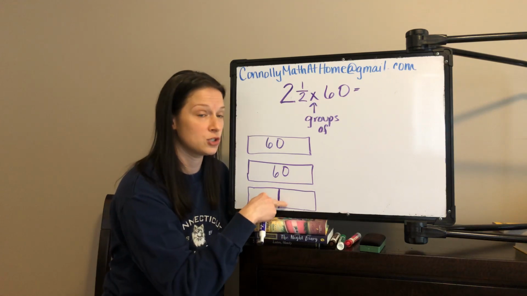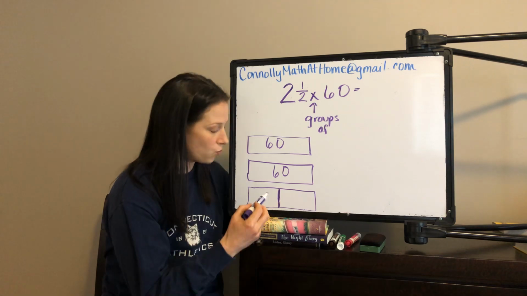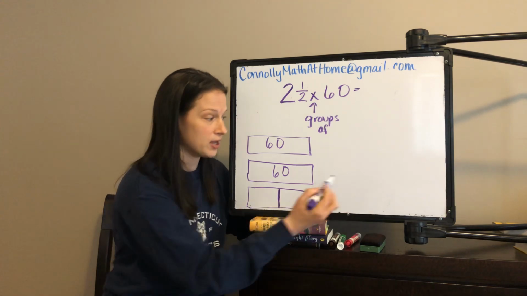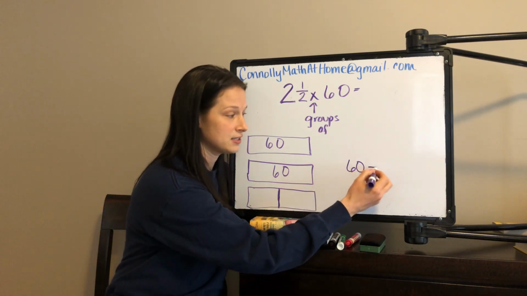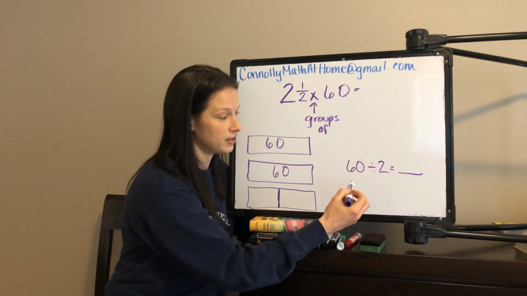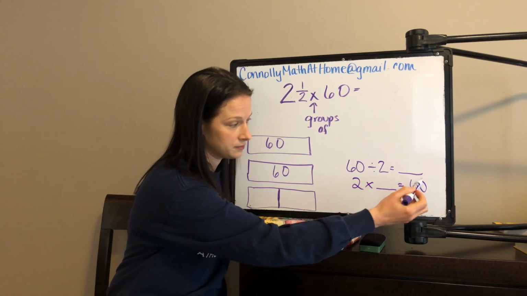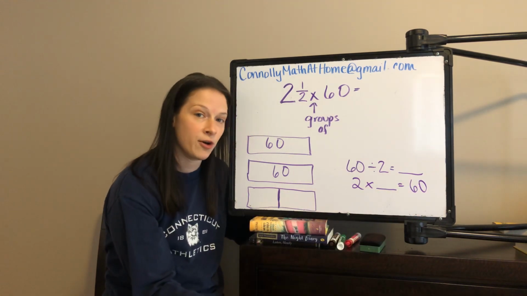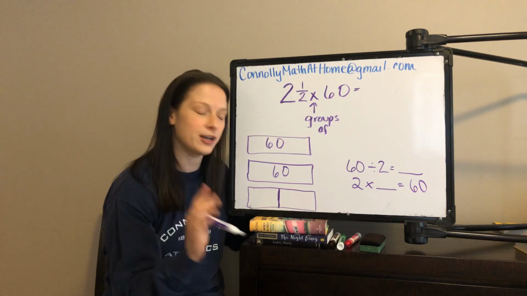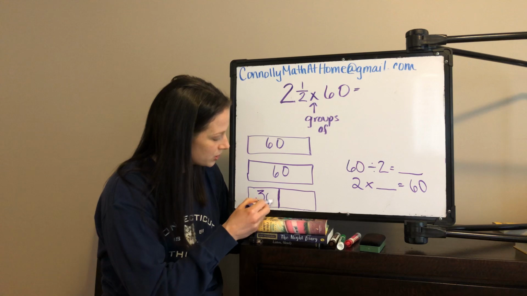So if I split it into 2 equal parts, how much is each part worth? Well, you can think about 60 divided by 2, or you can think about 2 groups of what makes 60. I'm sure at home you're shouting 30, 30. And hopefully in the classroom you raise your hand, but you can shout it out right now.